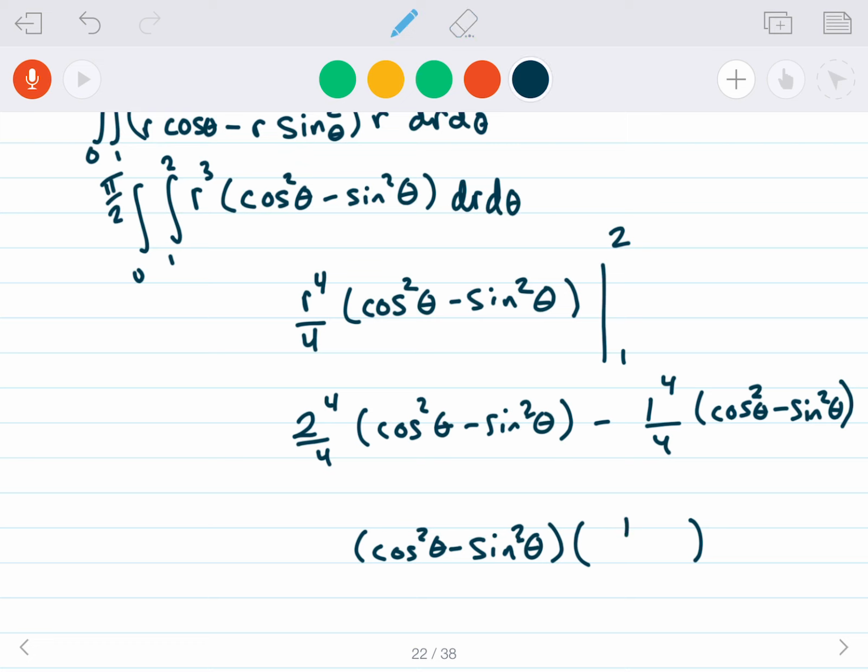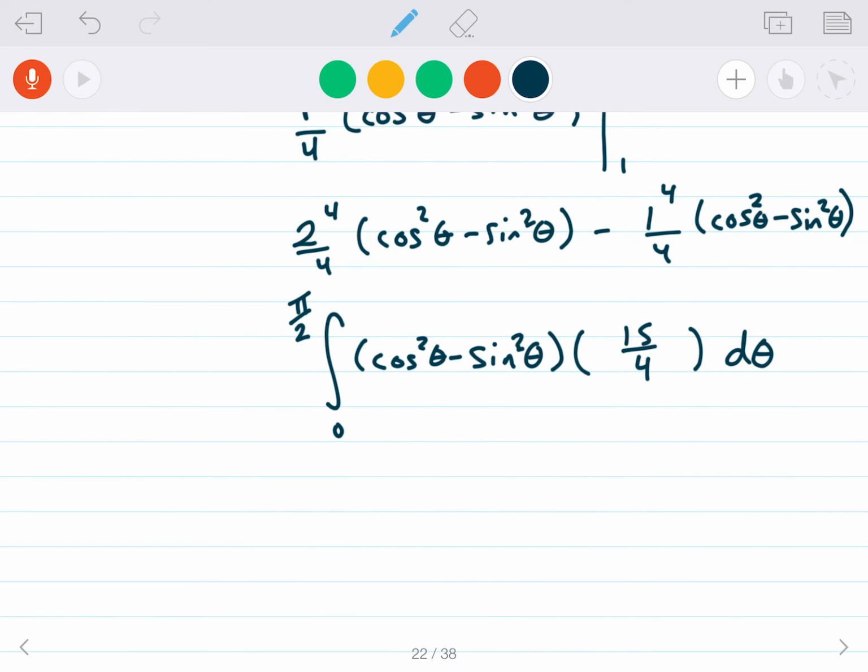All right, so now I need to integrate with respect to theta, going from 0 to pi over 2. What I can do at the start is factor out the 15 over 4 to make the inside a little cleaner. I get cosine squared minus sine squared.